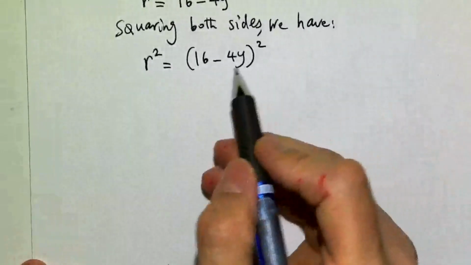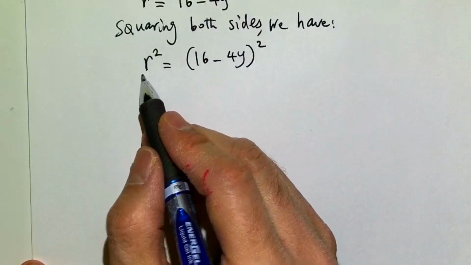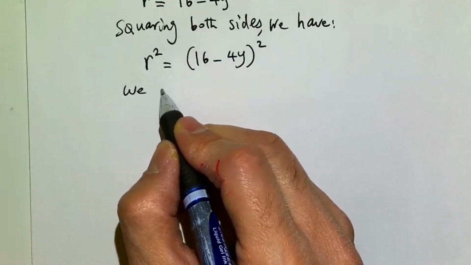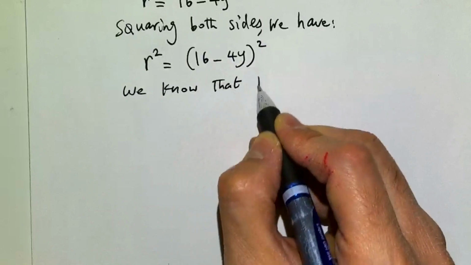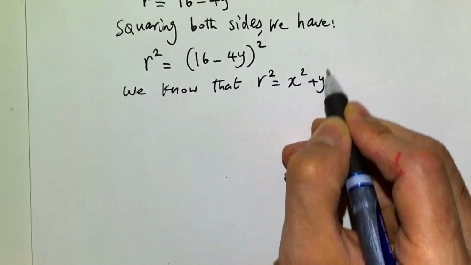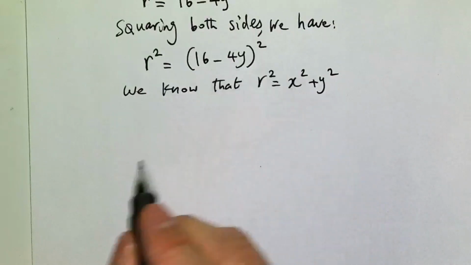So on the right, what do we have? On the left, we know that r squared is equal to x squared plus y squared, right? So plug in on the left and then expand the right side.